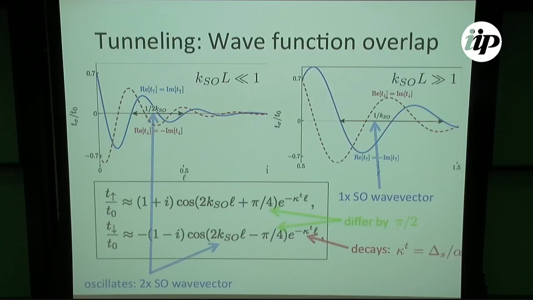You can also do the calculation for a large quantum dot, when the dot is large compared with the spin orbit length. Roughly speaking, you get a similar result, but the oscillation rate is half as much.